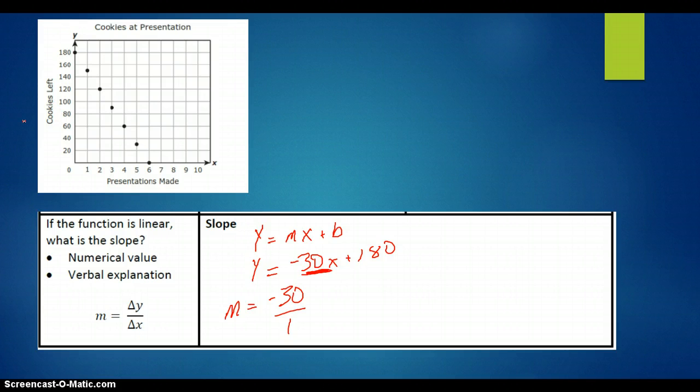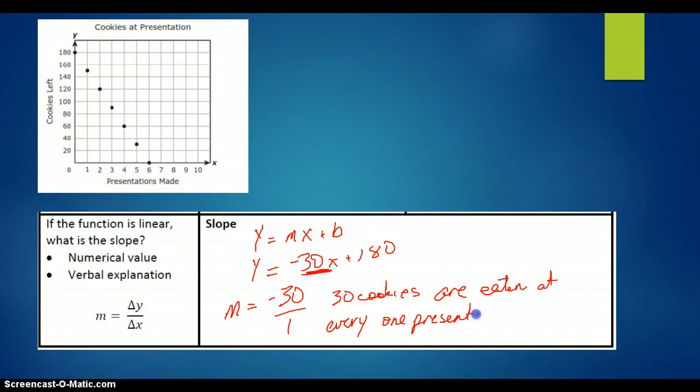We know that y is how many cookies are left, and x is presentations made. So from what I see, 30 cookies are eaten at every one presentation. Or you could say cookies decrease by 30 for every one presentation. So 30 cookies are eaten at every presentation.